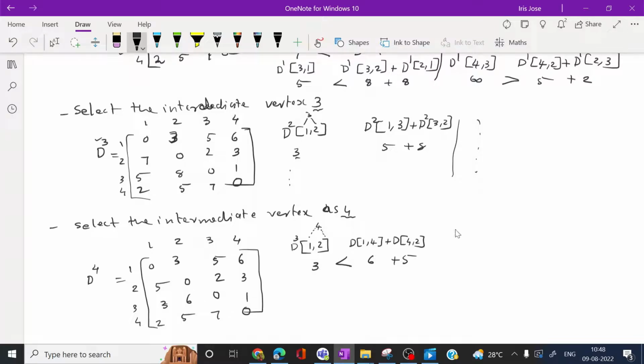This D4 gives the shortest path between all pairs of vertices. That means this is the all pairs shortest path problem we have solved using the Floyd Warshall algorithm.